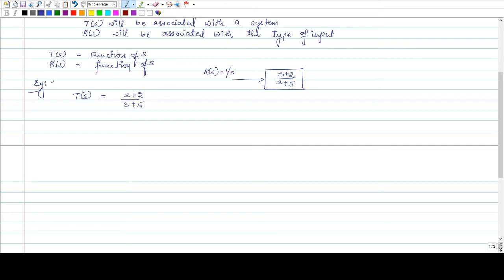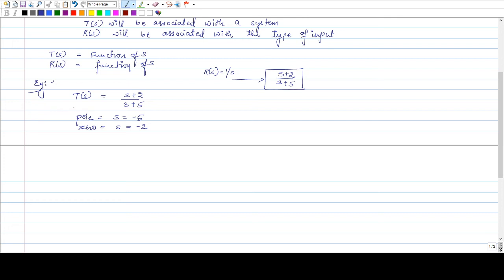We can see that this function T of S has a certain pole. The pole is located at S equal to minus 5, and the same transfer function has a zero, which is located at S equal to minus 2.